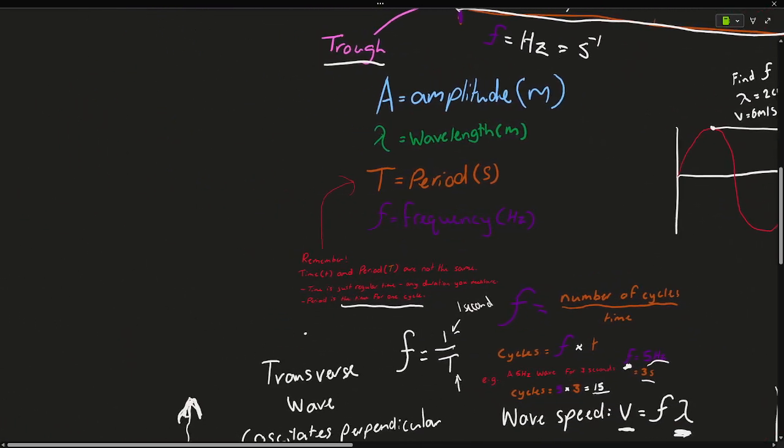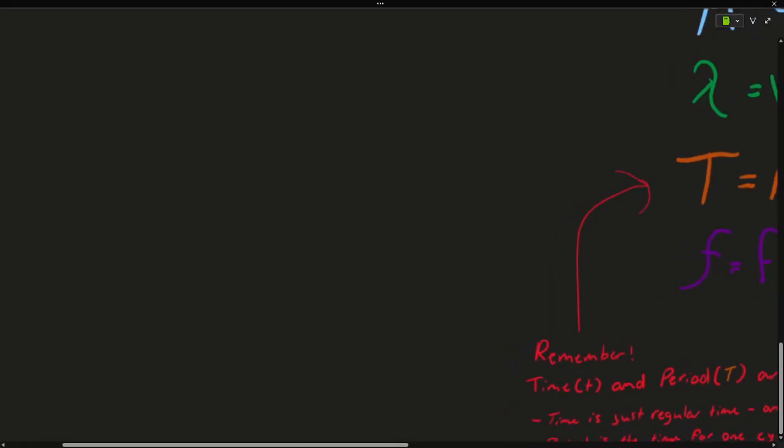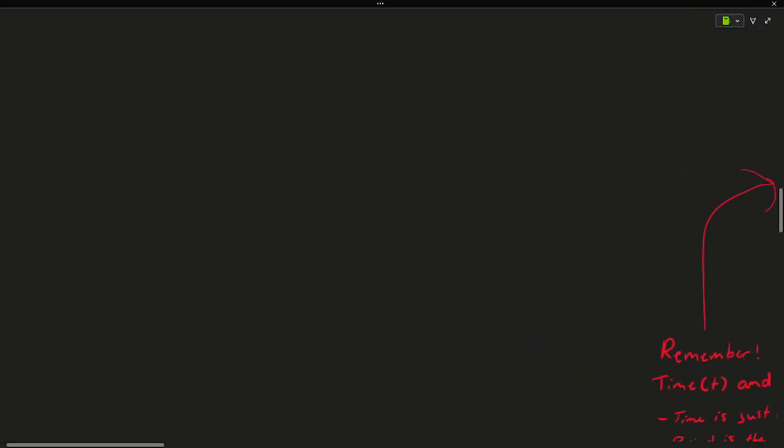When you're dealing with wave speeds, V equals frequency times lambda.